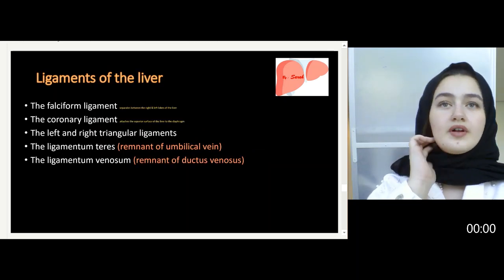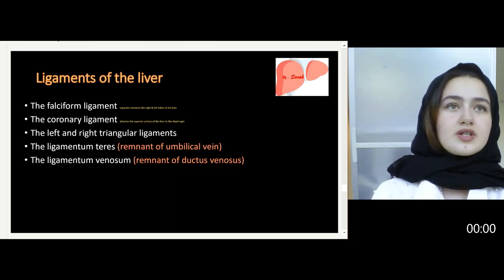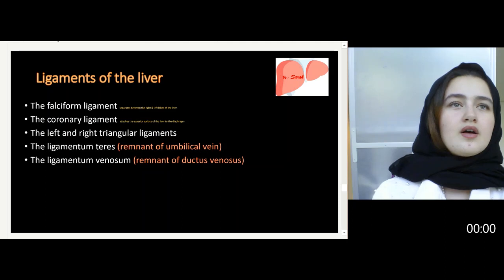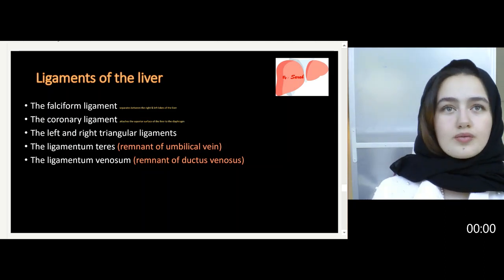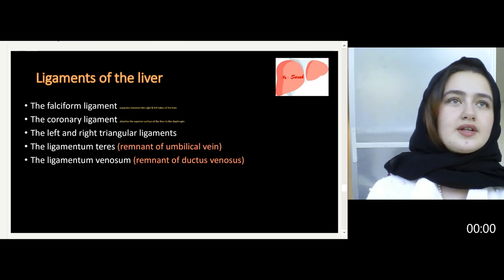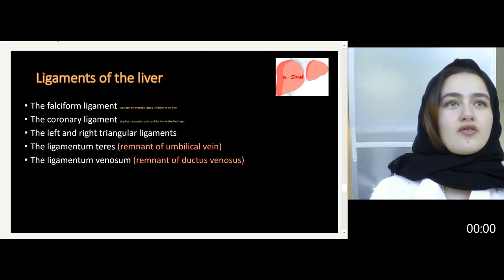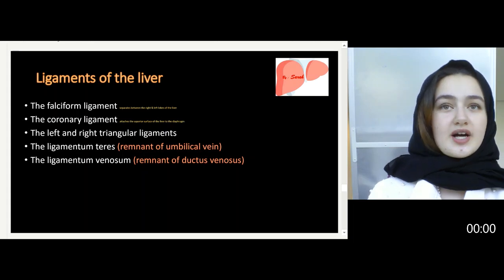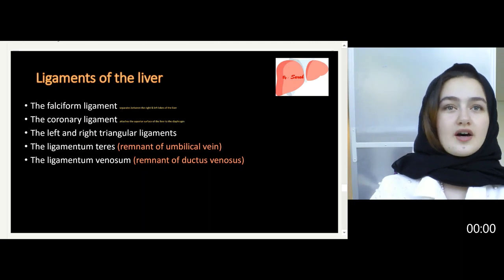Next, I will talk about the ligaments of the liver. So we have the falciform ligament, and the falciform ligament is the ligament that separates the right and left lobes of the liver. And you can see it here on this picture on the side. This is the falciform ligament. You can see it separates the right lobe from the left lobe. And then we have the coronary ligament, and it attaches the superior surface of the liver to the diaphragm.